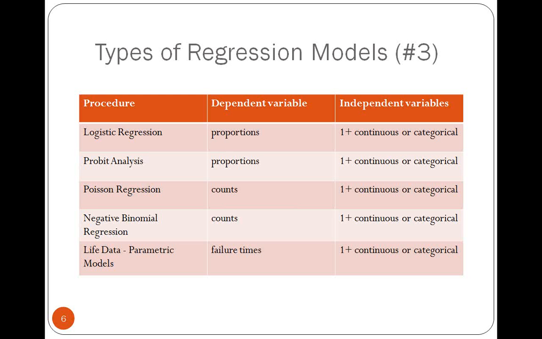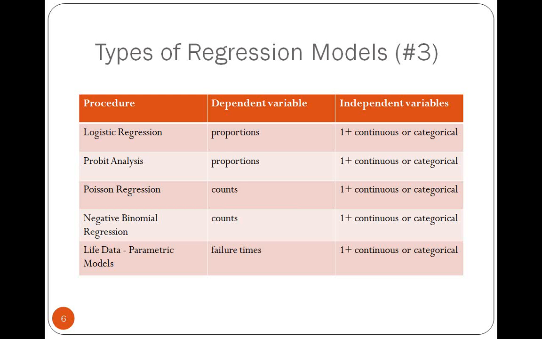And finally, there's also a special procedure for fitting life data, that is where the response variable is time to failure. And there's some special considerations there. That's also outside the scope of what we're going to talk about today, but again, we'll probably have a webinar or 2 on handling life data.